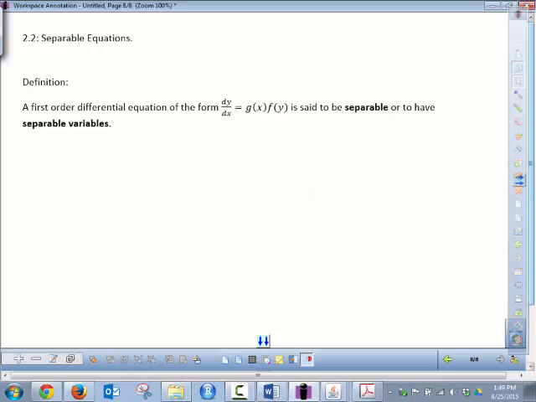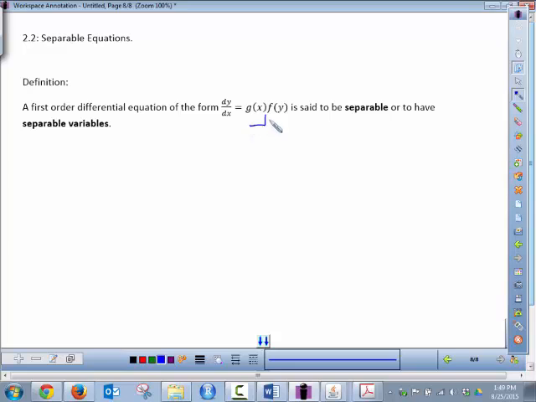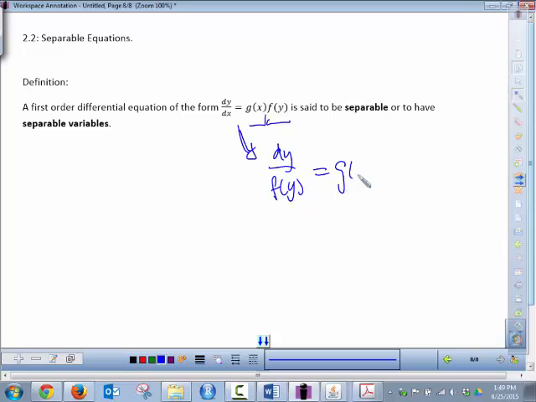The idea is that if you can separate the two variables from each other and write this as g(y) dy over f(y) is equal to g(x) dx, if you're able to separate the variables this way, then you can just integrate them one by one, on each side, and then you can get your solution, eventually solve for y.